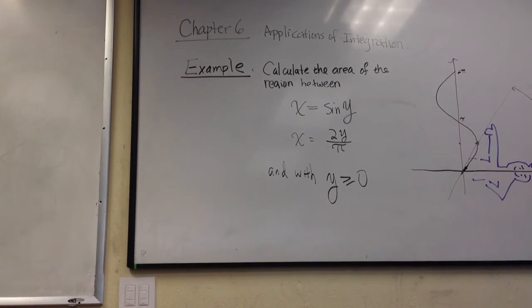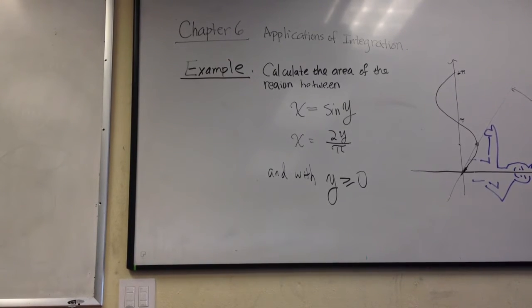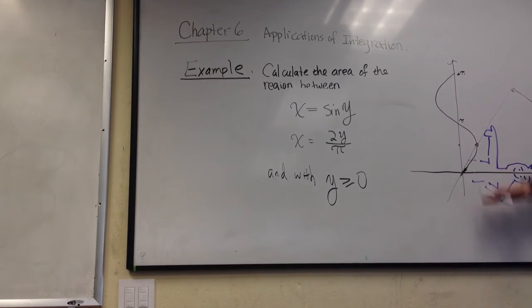So you want the area in between the straight line and the curve, and all the while you want y to be greater than or equal to 0. So you don't want to be below ground. Which area are you talking about?